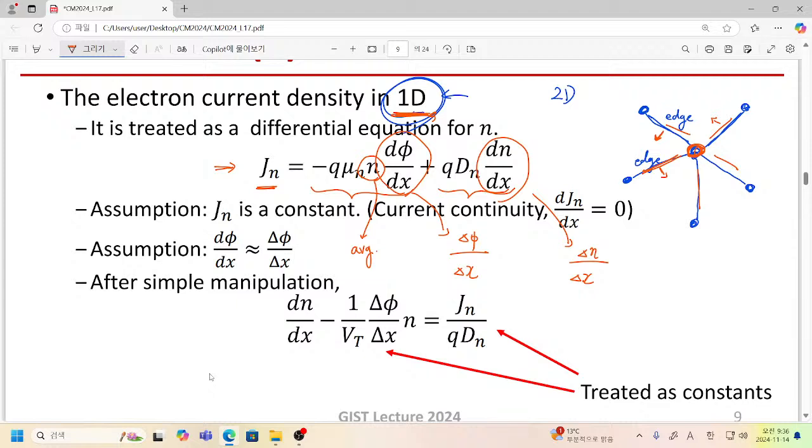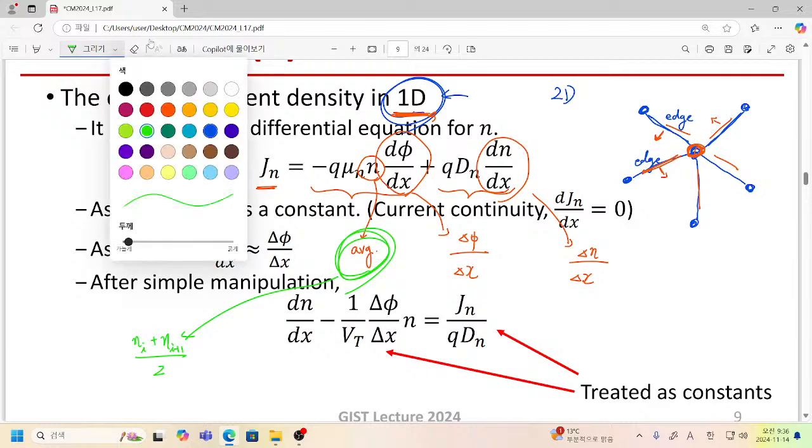However, the point is, as I told you before, this electron density is just averaged between the i point and the i plus 1 point. Why is this such a bad approximation?